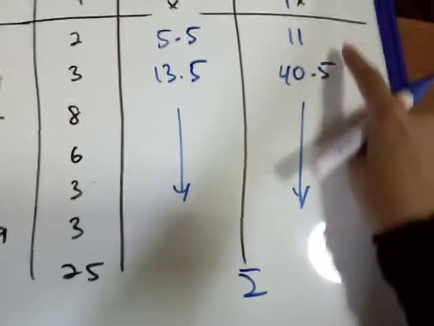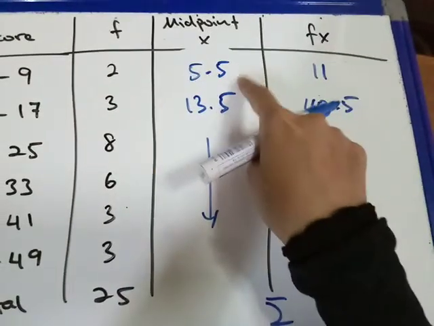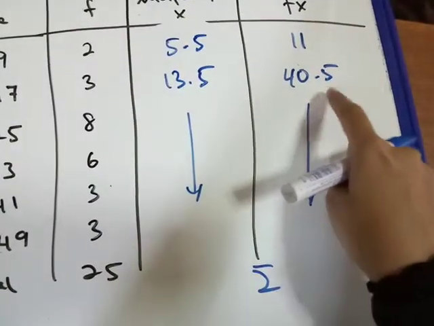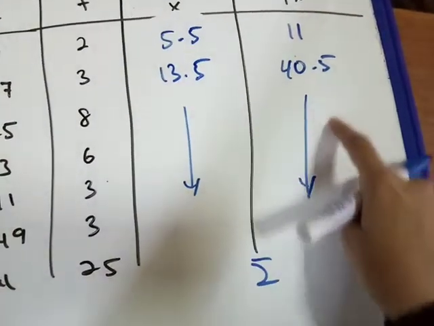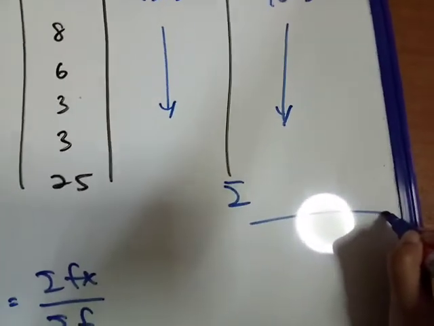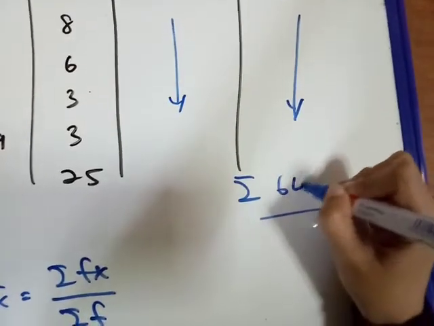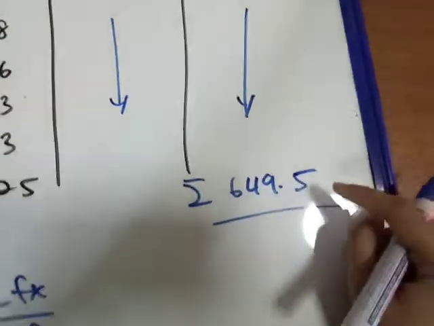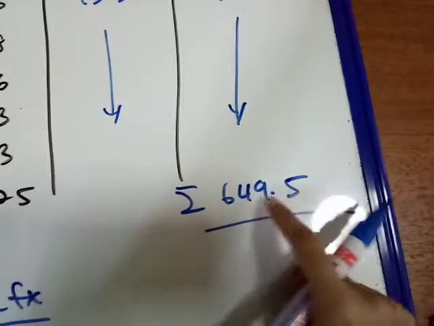Berapa total dia? Lepas awak dah cari Fx ni, 5.5 darab 2 dapat 11, 13.5 darab 3 40.5, and so on ni awak cari. So kita nak total dia berapa? So yang ni saya bagi tahulah total dia 649.5.